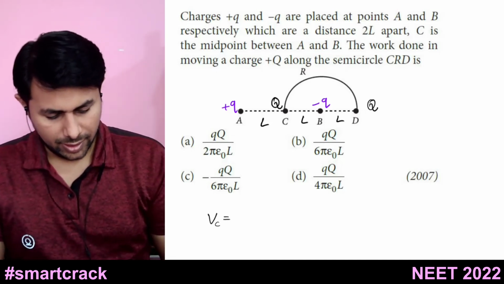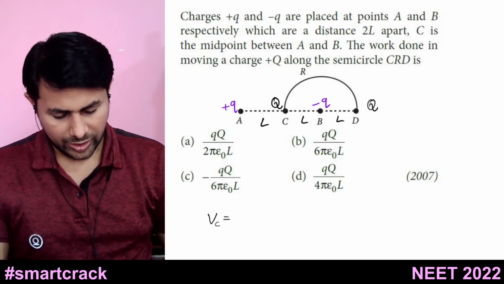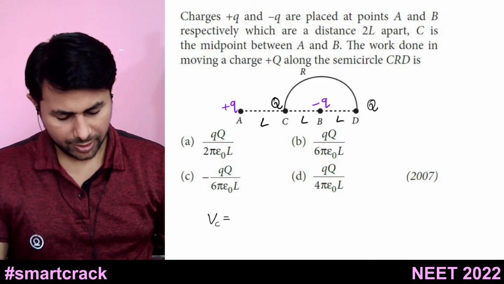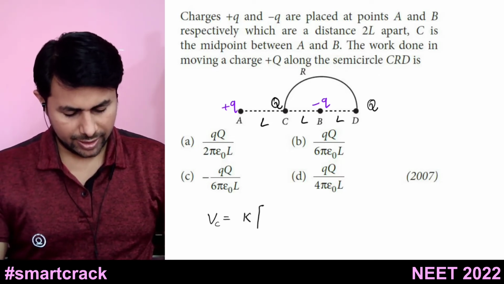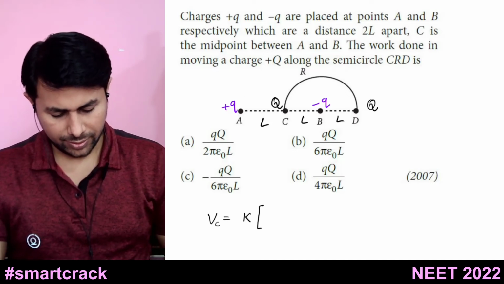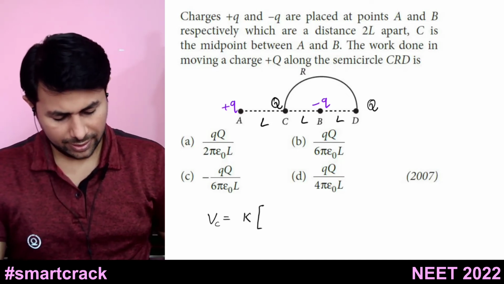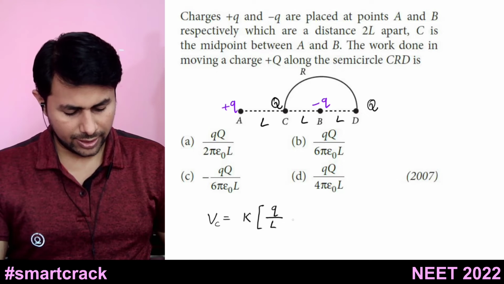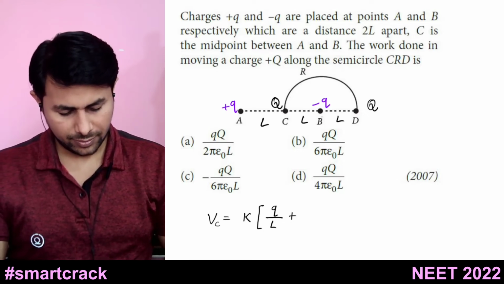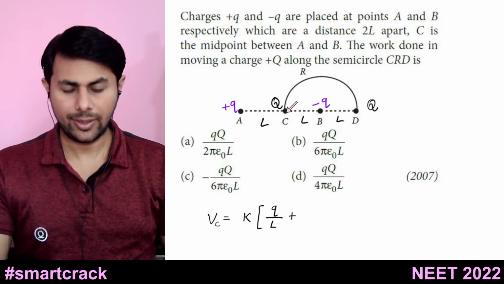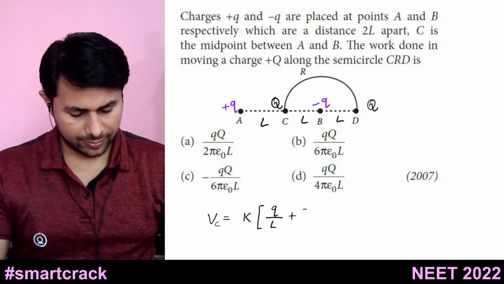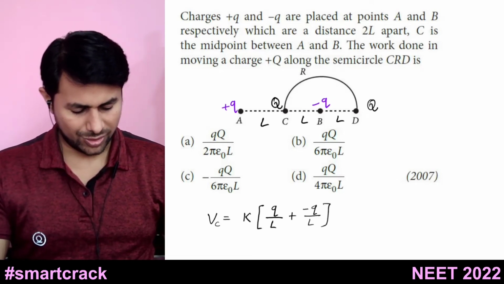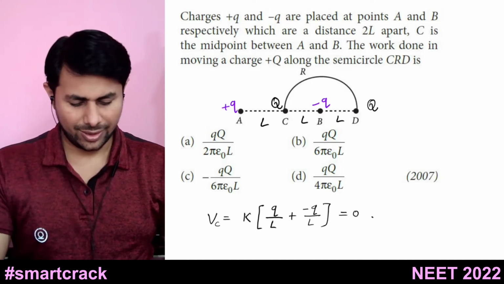Okay. So then we have V at point C equals 1 over 4 pi epsilon naught K multiplied by Q over R1, that's Q over L, plus Q over R, that is minus Q over L. Okay, so that is 0.